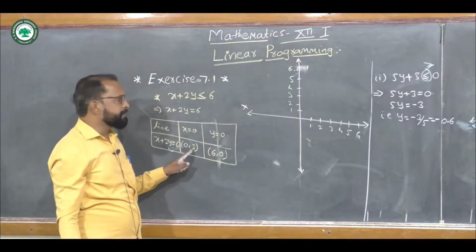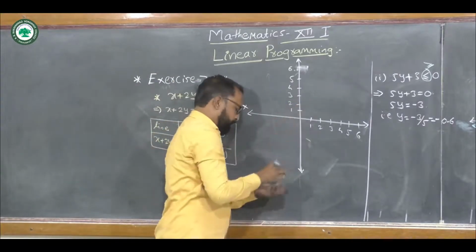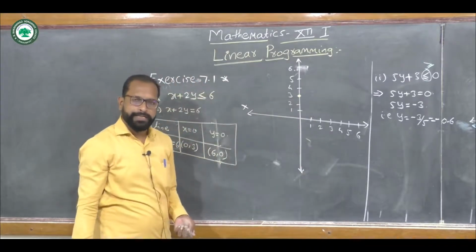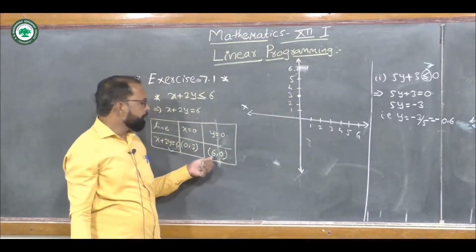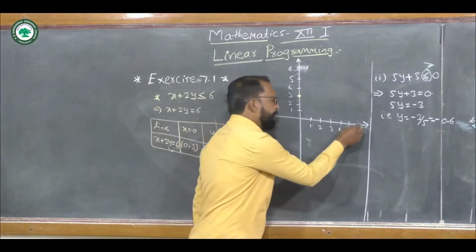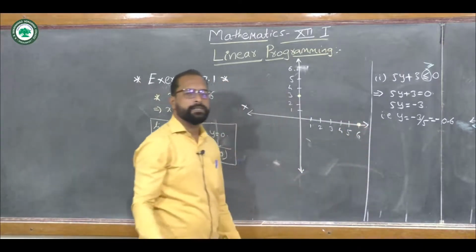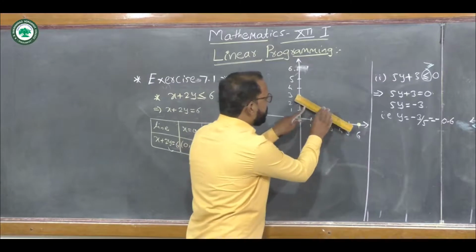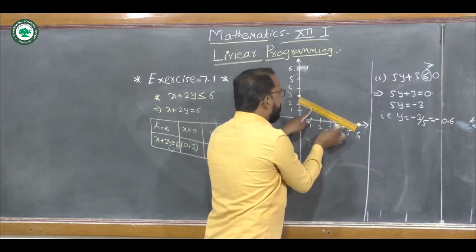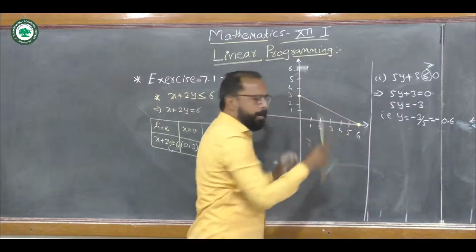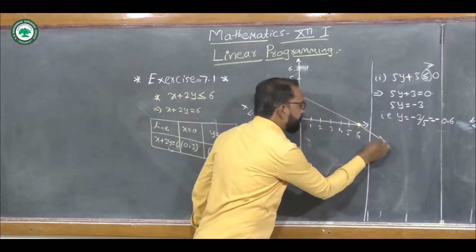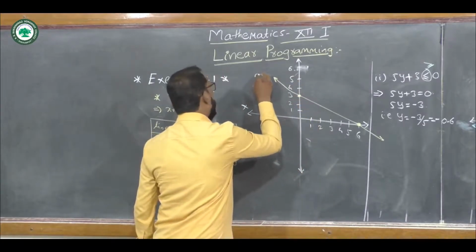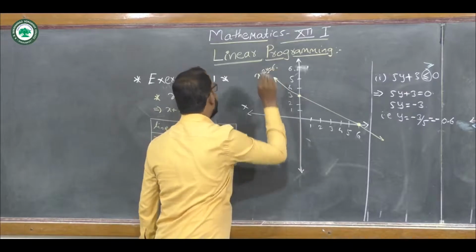Now the first point is 0, 3, which lies on the y-axis. Similarly, the point 6, 0 lies on the x-axis. Now connect these two points. So this is the graph for the line x plus 2y equals 6.